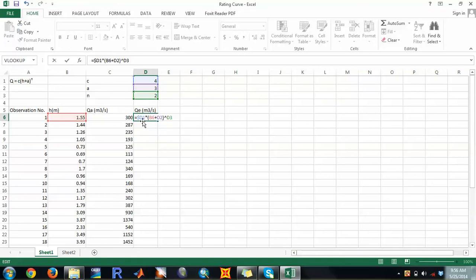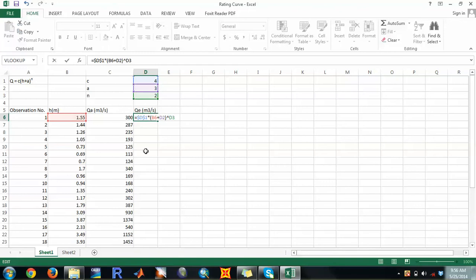A dollar sign before the alphabet means the data should be fixed to this column, and a dollar sign in front of a number means it is fixed to this row. If you put it in front of both your column and your row, you are talking about a specific cell, so it is D1.